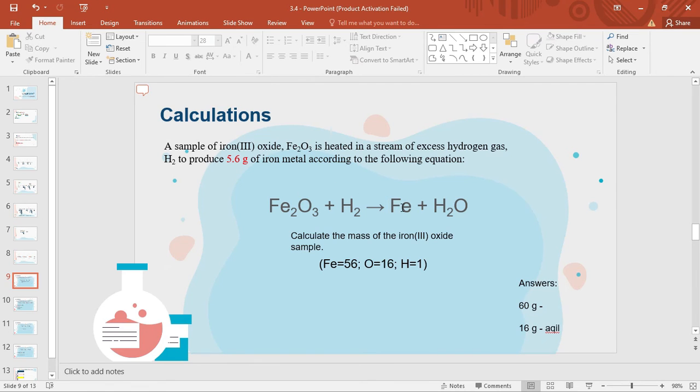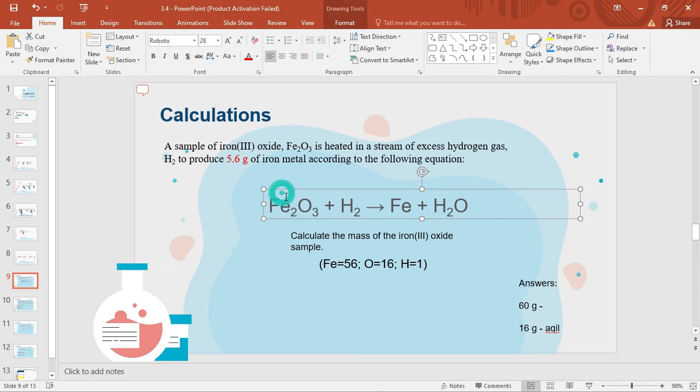In a question, sometimes the equation that you get is not balanced. Sometimes they say that it is unbalanced, but sometimes they don't. But you have to expect that it is sometimes unbalanced.